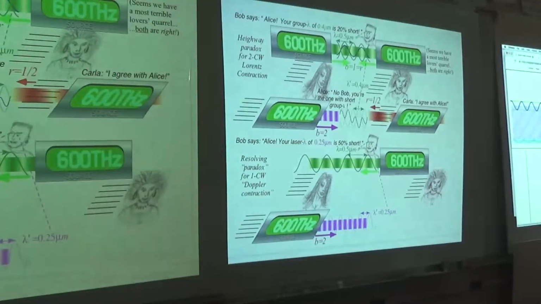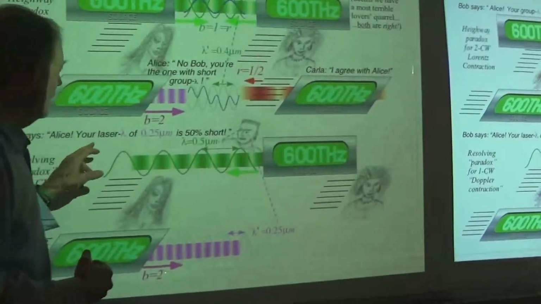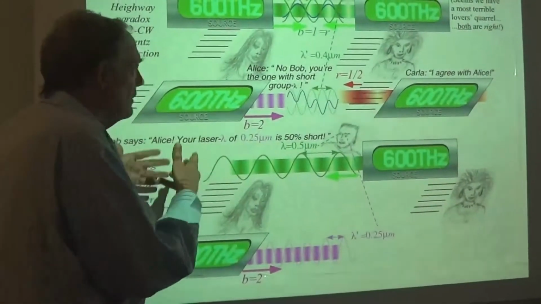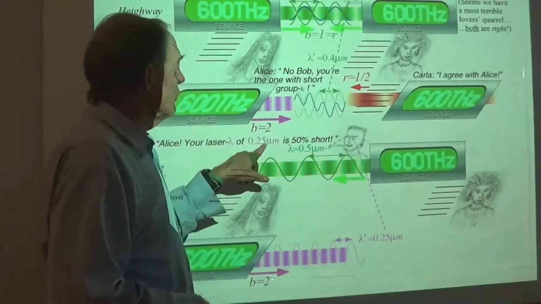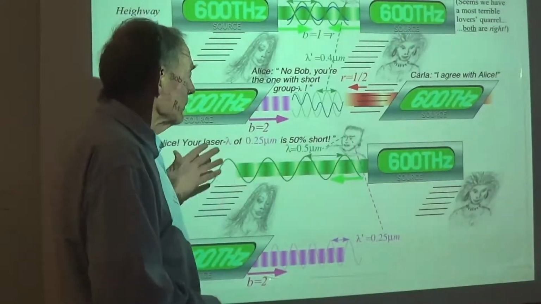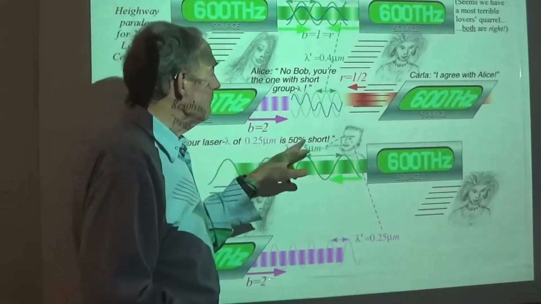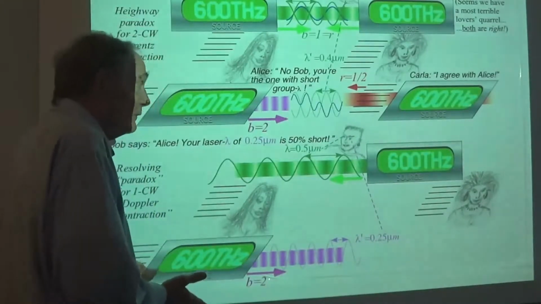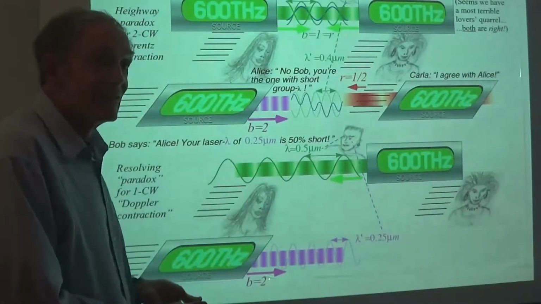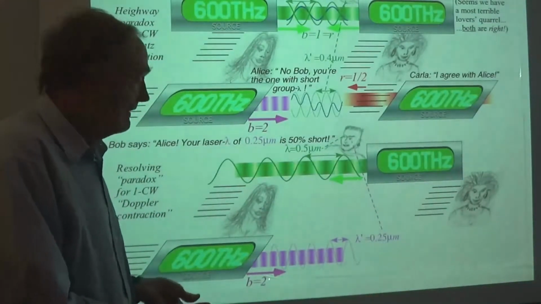So what if they had this situation? Bob says, Alice, your laser, and you just have one laser and a frequency that I can quickly measure, the 0.25 microns, that's what it is, okay, is 50% short. Well, why is it 50% short? Because it's blue shifted. Right?